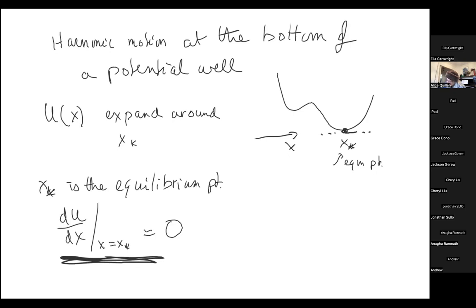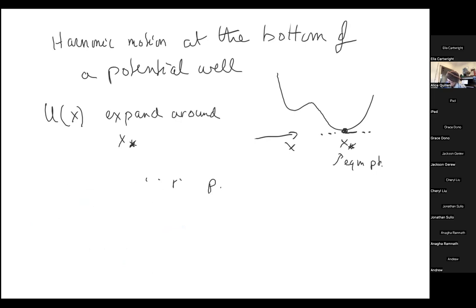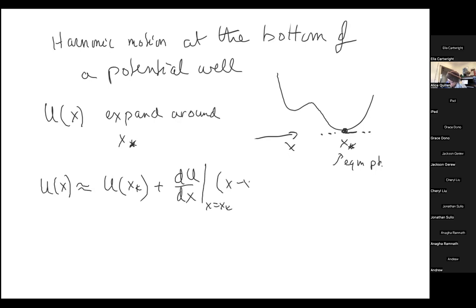So yeah, let's expand. What you do is you use a Taylor expansion, and we're going to Taylor expand around x star. So u of x is approximately u of x star, so I'm expanding around the equilibrium point, plus du dx evaluated at x equals x star times x minus x star.